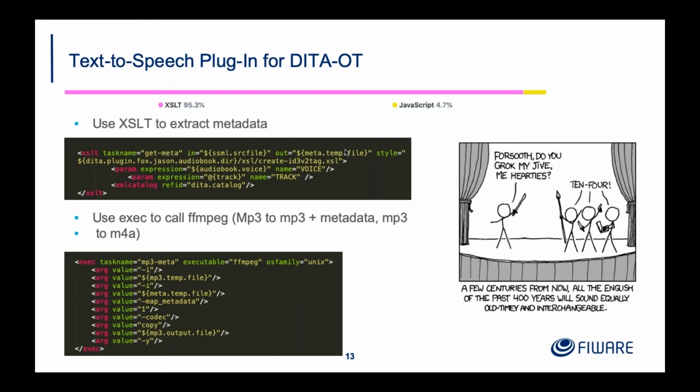I want to find out what's the title, what's the voice, and so on and so forth. And once we've got a simple file, you can then add that into this ffmpeg system to get hold of whatever else is necessary.